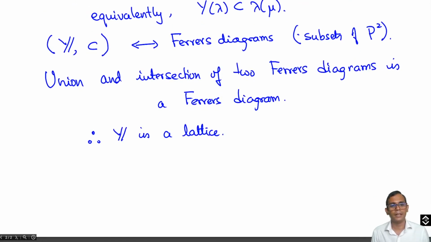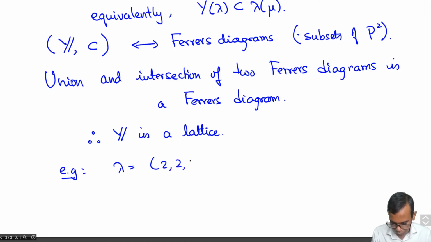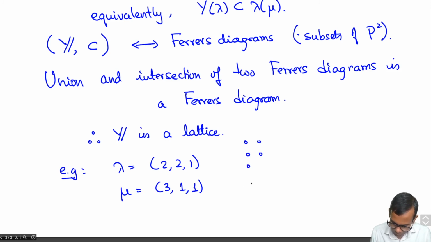Let us just compute the join and meet of two elements. For example, if I take lambda equals 2, 2, 1 and mu equals 3, 1, 1, then I can draw the Ferrers diagram. This one I've already drawn for you before, and for mu the Ferrers diagram looks like this. If I take the Ferrers diagram of lambda and the Ferrers diagram of mu and take the dots which are in both of them, then this will be the meet.